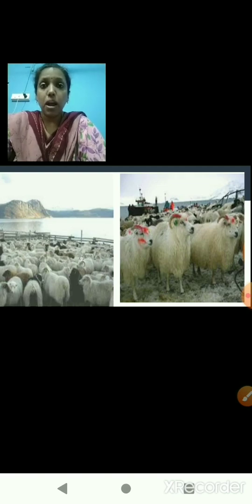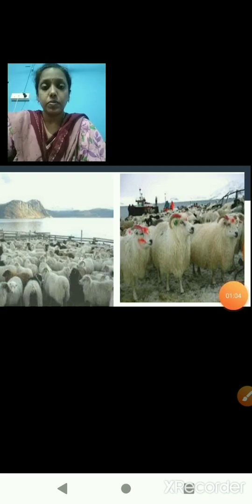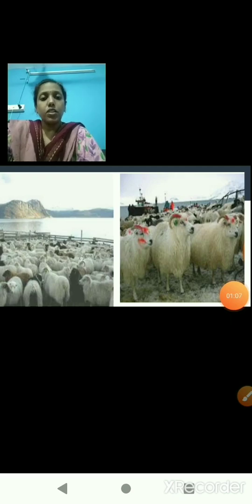Sheep are raised in small numbers in the southwestern part of Greenland. A very small part of the southwestern region is suitable for agriculture, so vegetables like potato are grown here.